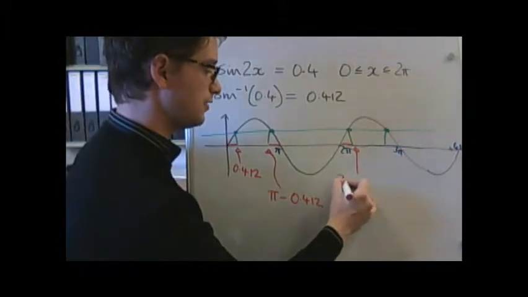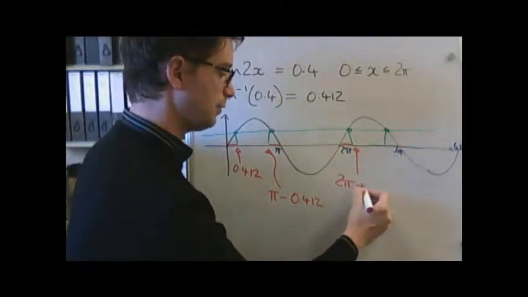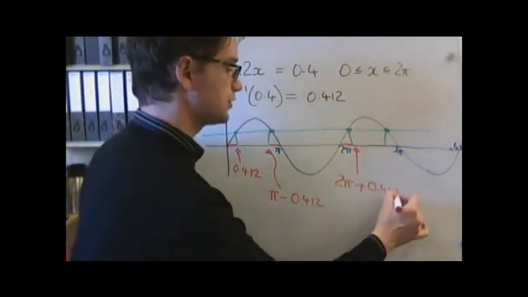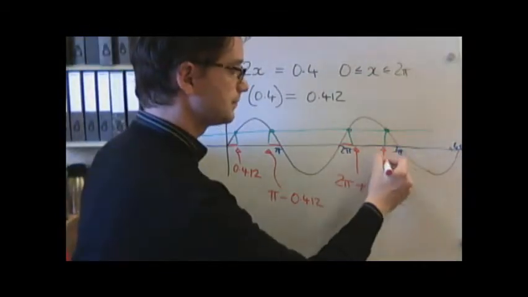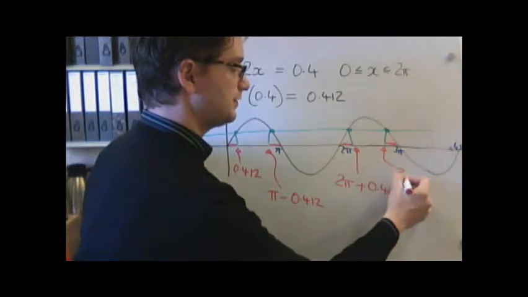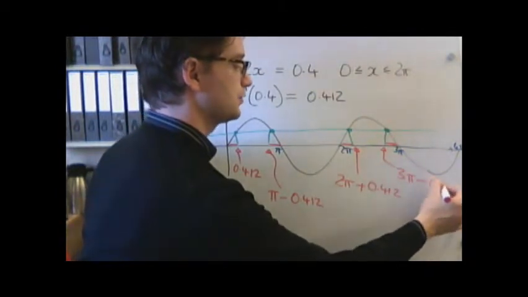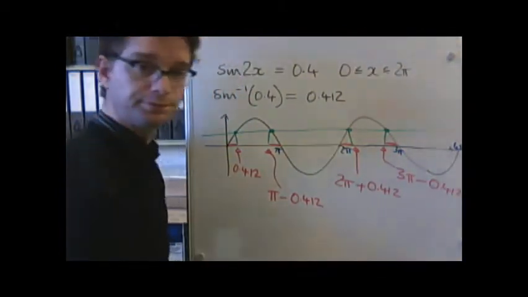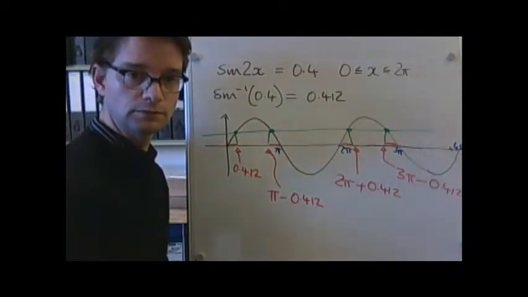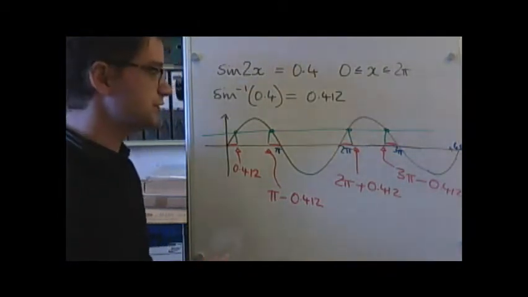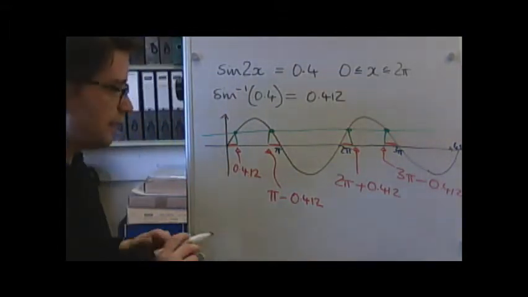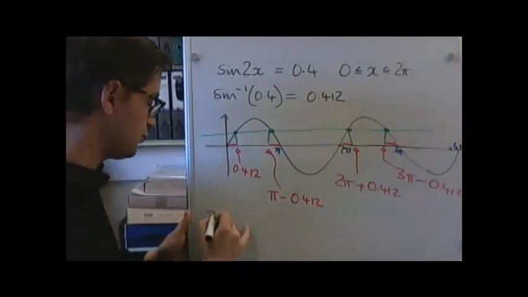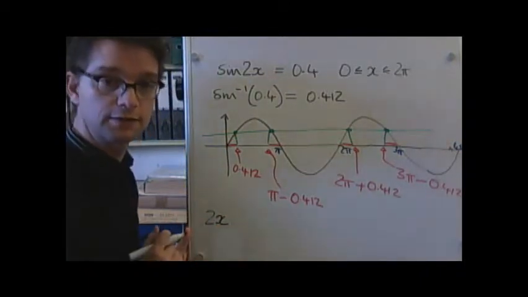So that point there is 2 pi plus 0.412. And this point here is 3 pi minus 0.412. So I've still got the same sorts of symmetries going on, but this time I've got 4 possible values, and these are all values of 2x.